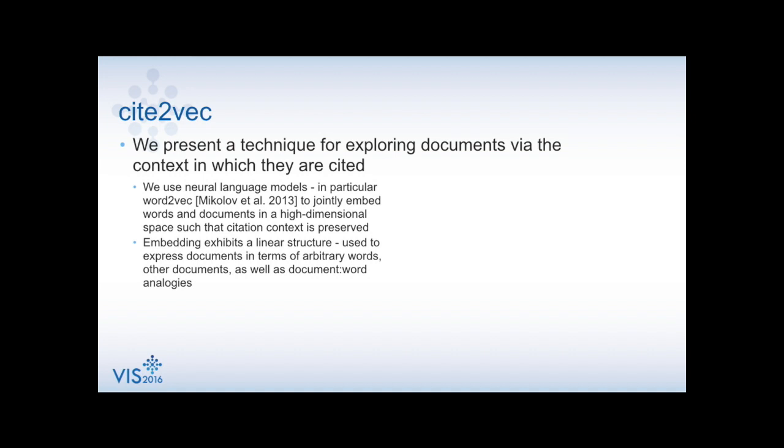Our strategy for visualization is to project documents and words from this embedding into a common 2D space. However, the complexity of the embeddings can easily lead to subpar projections. To get around this, we take advantage of word2vec's property that the embedding exhibits linear structure, where documents can be expressed as arbitrary sets of words or even other documents, as well as certain forms of analogies.